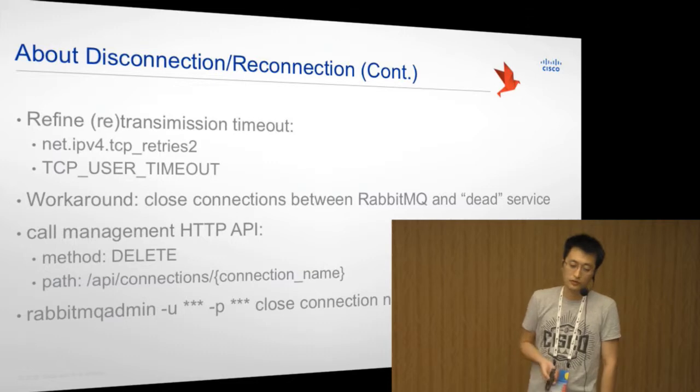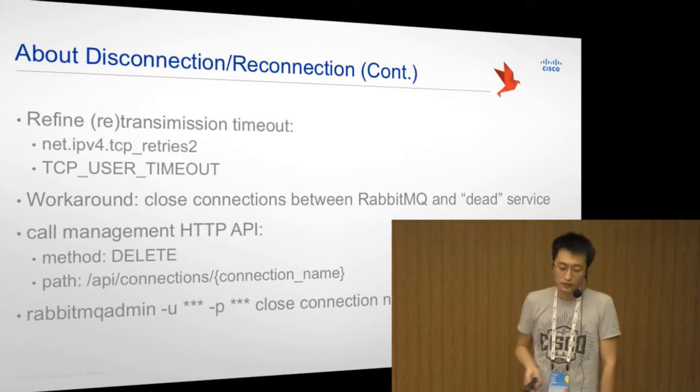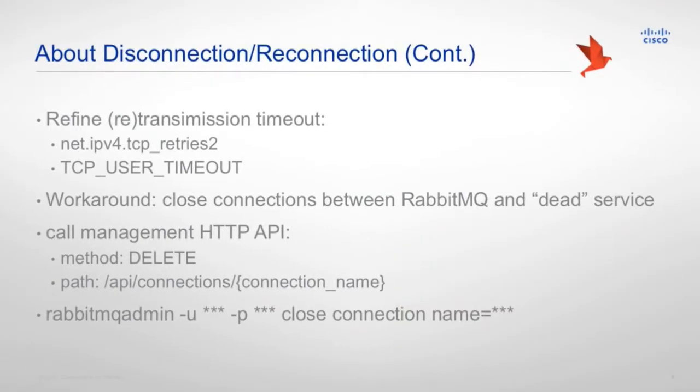So how to tune that? We did some research, and we also got some suggestions from a partner company. One parameter we try to tune is tcp_retries2. This parameter defines how many times TCP will retry before it decides this connection is closed.